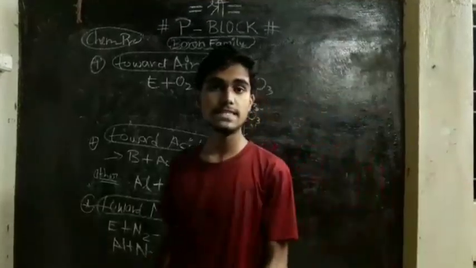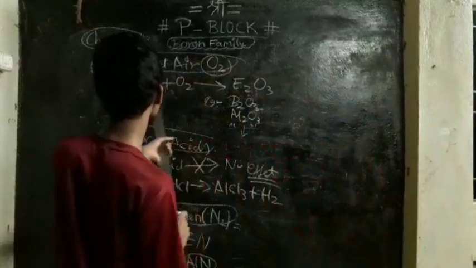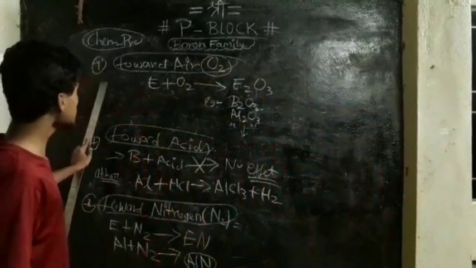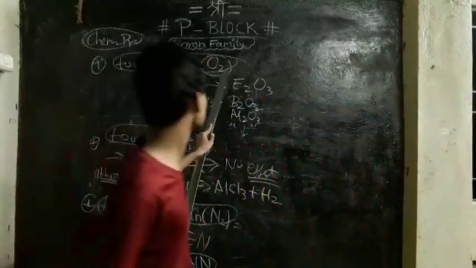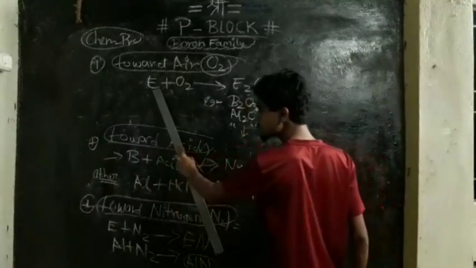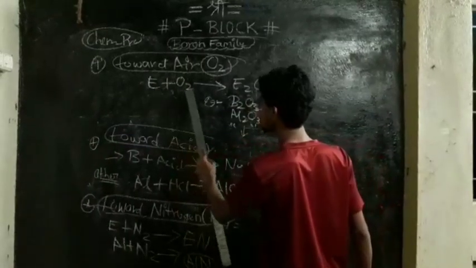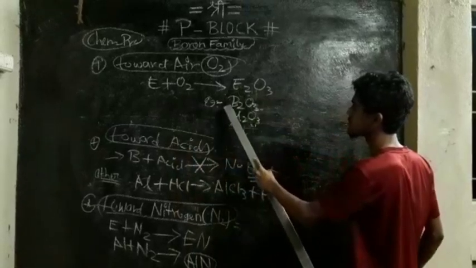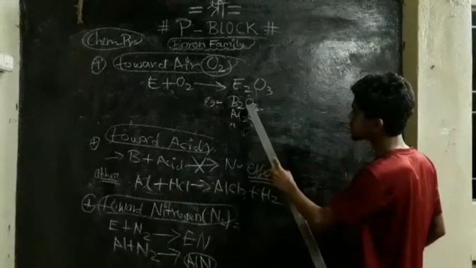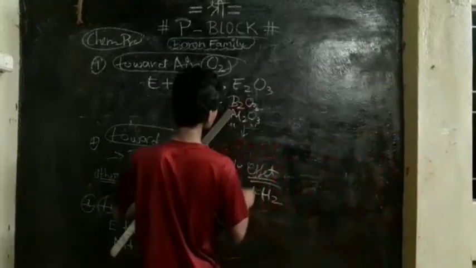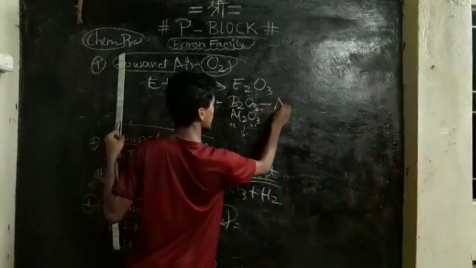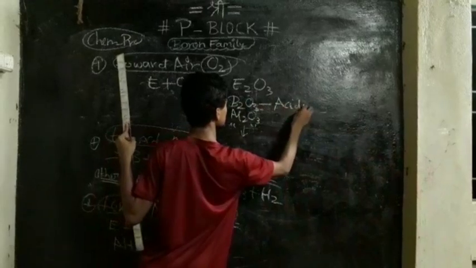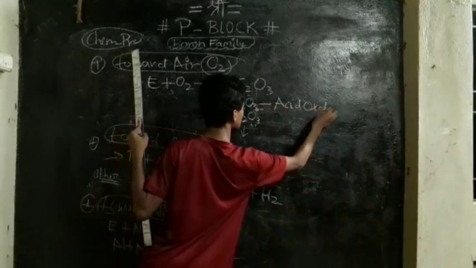So now we will see some chemical properties of the boron family. First, reactivity towards air, that is oxygen. Any group 13 element plus oxygen gives the oxide E2O3. For example, boron plus oxygen gives B2O3, and it is acidic in nature, which means it is an acidic oxide.